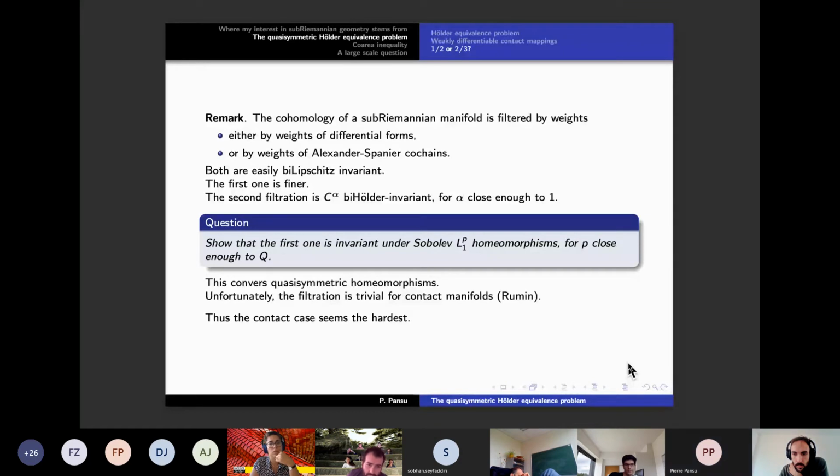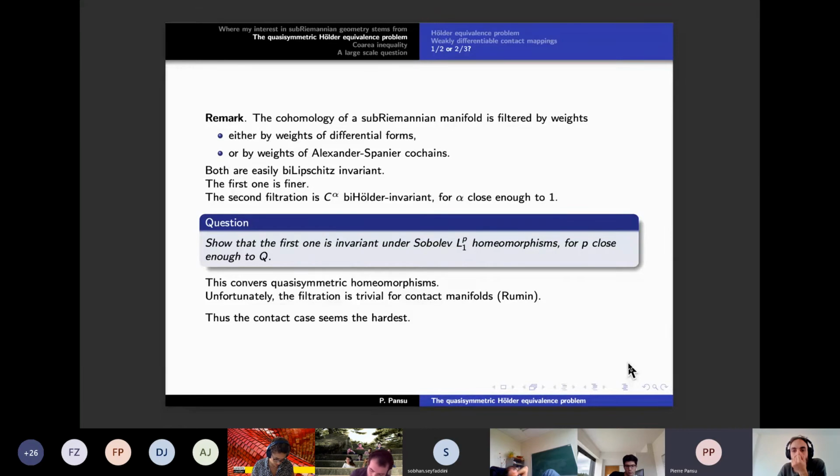And this filtration by differential forms induces a filtration of cohomology. And now this can be shown to be bi-Lipschitz invariant. There is an analogous filtration by weights of cohomology, which is defined by using, instead of differential forms, cochains. One can use, well, let's say Alexander-Spanier cochains. That's a bit technical.